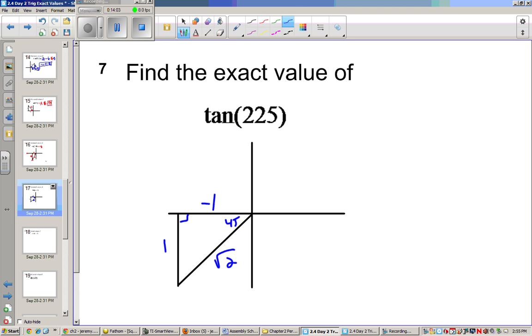If I check my negatives, that's going to be negative and negative. So we're going to do opposite, which is negative 1, over adjacent, which is also negative 1, and negative over negative will just be a positive 1. So the tangent of 225 is positive 1.